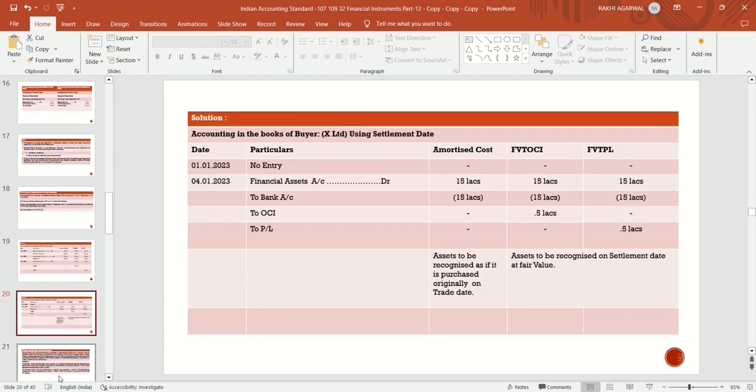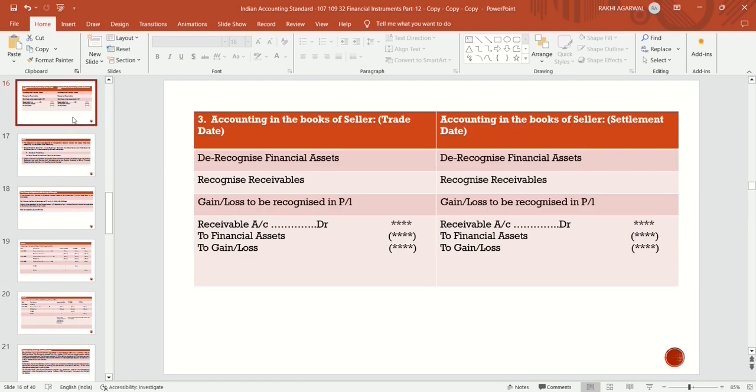And in case the accounting is done using settlement date accounting in the books of the buyer, how is the accounting entry to be done? On initial recognition, there is no such recognition, because we are using settlement date accounting, and we are assuming that the transaction takes place on the settlement date only.